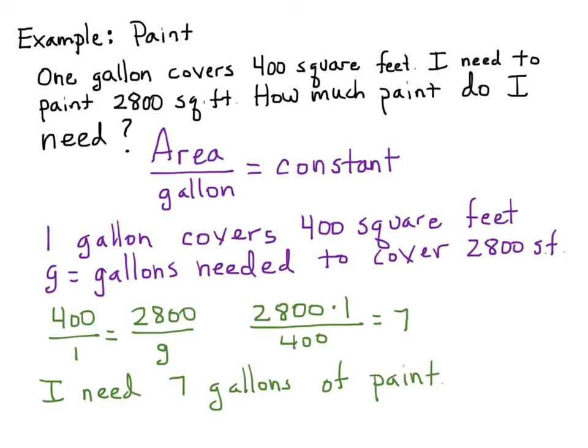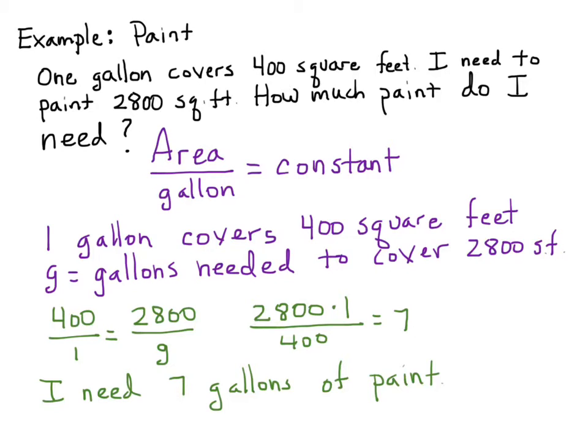Now this was convenient because I knew the rate for 1 gallon. But let's say instead of a gallon, I'm looking at a quarter of a gallon. Let's say it comes in smaller cans. So how much do I need? Instead of saying 400 to 1, I'll say 100 to 1/4, or whatever the coverage is for that particular can, because that will stay the same, and we can use that ratio in whatever context.